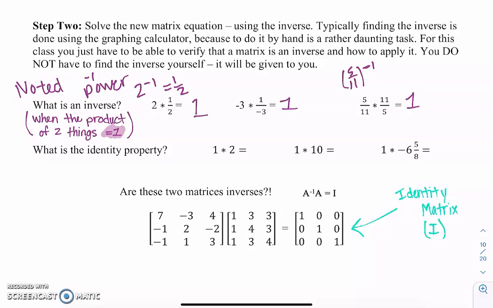So the inverse is noted with this little -1 power, but when you multiply with the original, it equals the value 1. With the inverse matrix, we'll be able to solve for our variables x, y, and z.